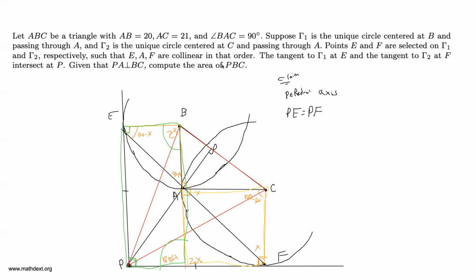So what we have is angle EPF equals 90 degrees. But remember, we already had PE equal to PF. So now let me get rid of a bunch of stuff that's cluttering up this diagram that we don't need anymore.